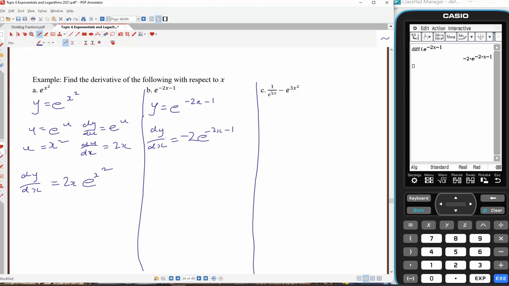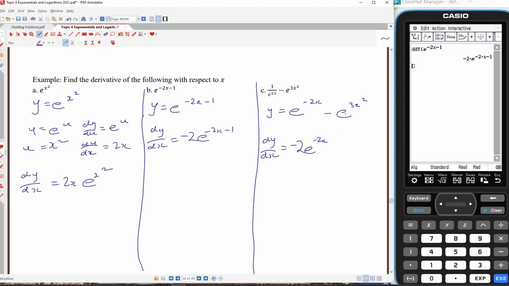Okay, this one here, what we'll use is the negative index law. So we'll go y equals e to the negative 2x. I'm just going to grab that, shove it in the numerator, and the index becomes negative. Take away e to the 3x squared. Okay, so dy dx equals, that's easy, that one, negative 2 e to the negative 2x.